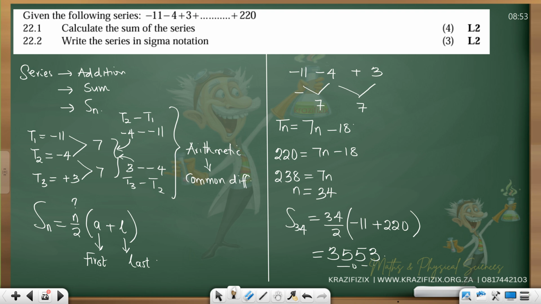Look at that, we're done. Now the examiner says, write this as sigma notation. I told you what to do. We write the sigma. We write the Tn because we need it. And then we start from position 1 to position 34. 3 marks. Check that. We're done. 3 beautiful marks.